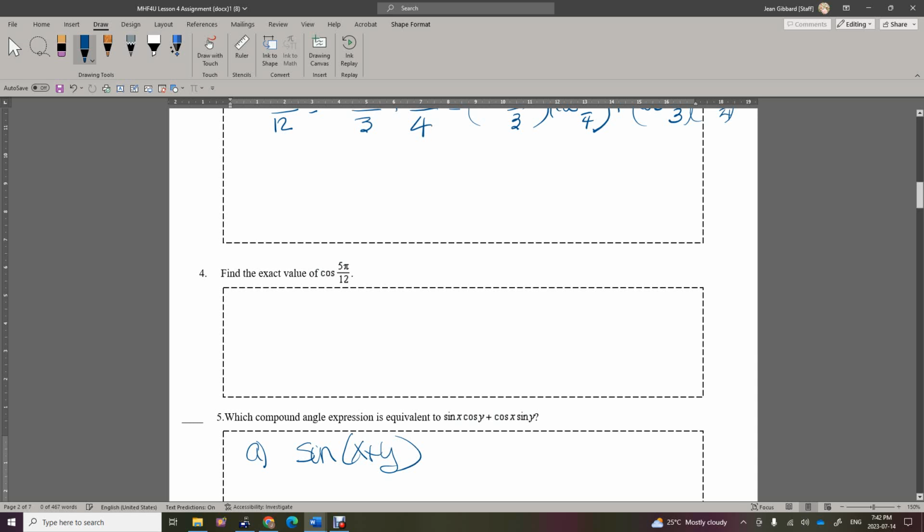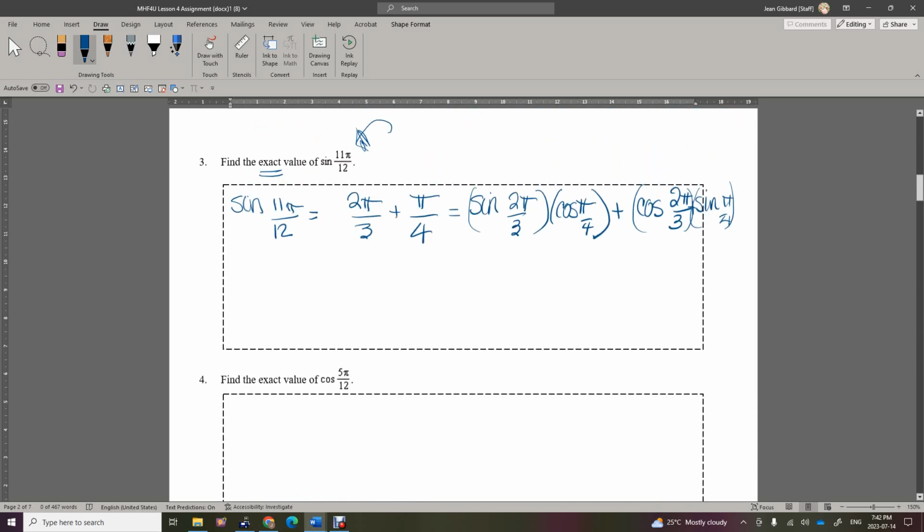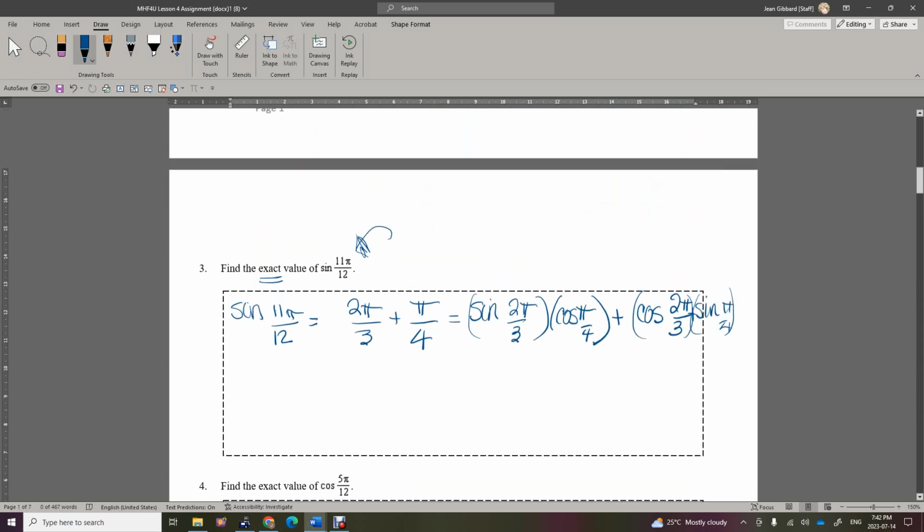Now, to find these types of values, do a search for trigonometric identities, or I believe I have put a link in the lesson for you. Because if you don't have this information, then you're not able to do this type of question. So you need to access your trigonometric identities.